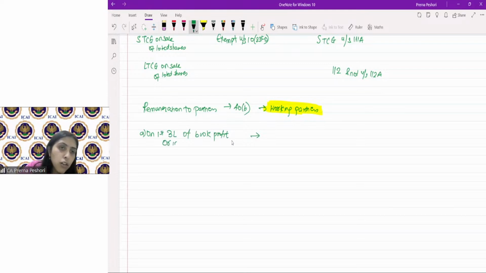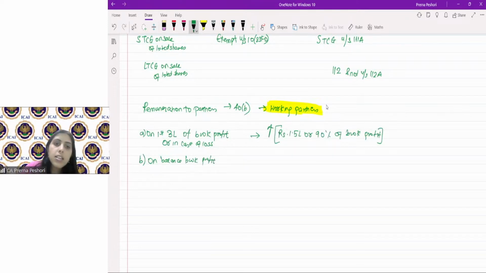Or in a case of loss, if there is a loss or if there is a book profit, so first 3 lakh of the book profit, rupees 1.5 lakh or 90% of the book profit, whichever is higher. On balance book profit, this is 60%.